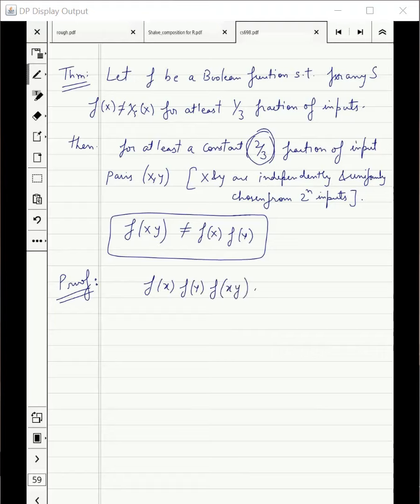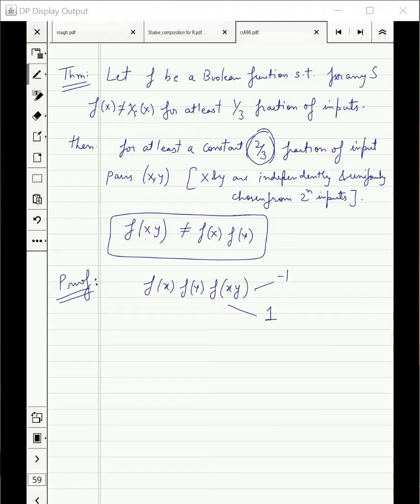If f(x+y) is not equal to f(x)f(y), then what will be this quantity, f(x)f(y)f(x+y)? It is -1. If f(x+y) is equal to f(x) times f(y), then this quantity would be 1. That is clear to everyone, right? These are plus minus 1 variables, the output is plus minus 1. So if one is minus 1 and one is 1, then their multiplication will be minus 1, otherwise 1.